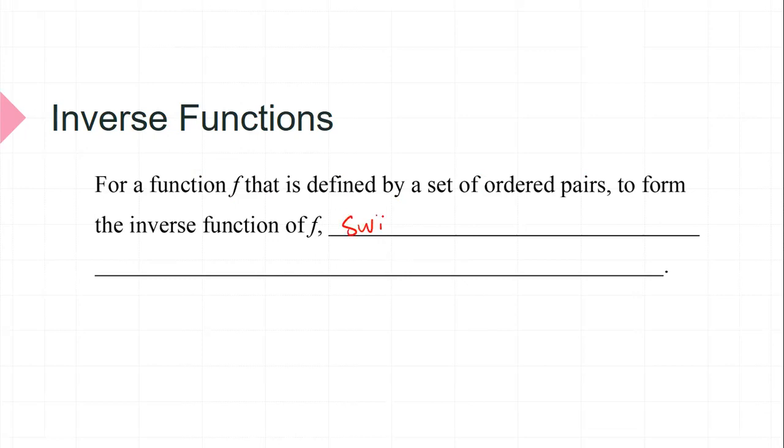We're going to switch or interchange the x value and y value, whatever our input and output are, of the ordered pair. And you're doing this for every value. I'm about to write this down. You don't have to write this down because you probably don't have room, unless you want to write small underneath.